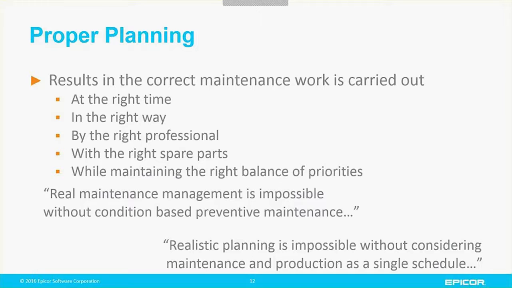We'd also suggest that realistic planning is impossible without considering maintenance and production as a single schedule. If I'm doing my maintenance schedule in one space and my production schedule in another space, then I'm always going to have a conflict. I'm never going to have an appropriate balance.